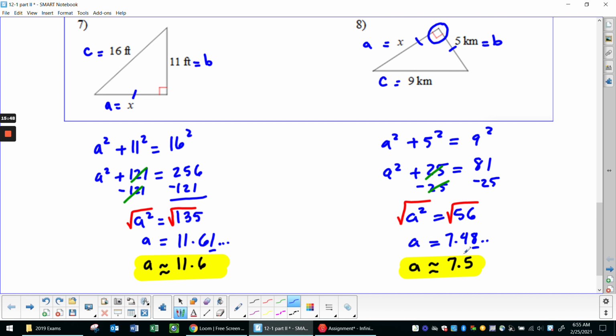Remember the little jingle that we learned. 7.5 will be our rounded number. This sign here, that's not quite an equal sign. It's like 2 lines like this. That means it's an approximation. So we're rounding. Approximately 7.5 is the answer here.